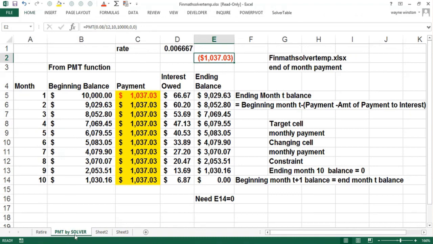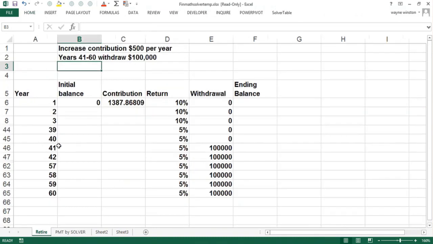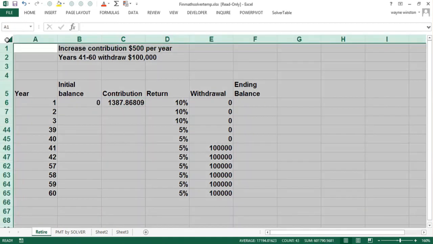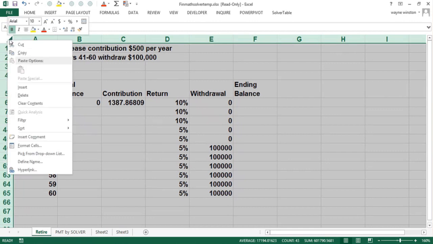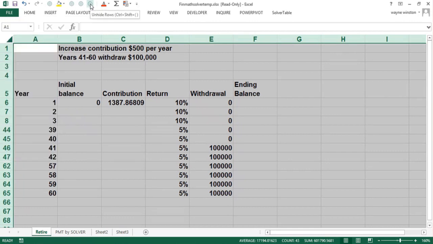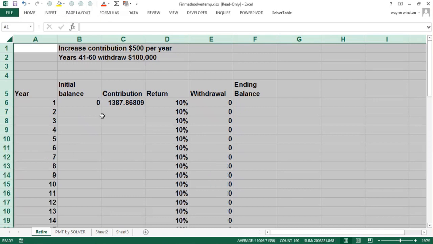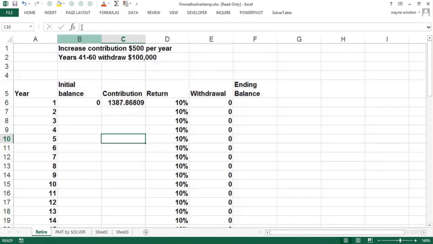Okay, now let's go to a retirement planning problem. Let's suppose you're going to start saving for retirement in year 1, and then every year through year 40. Let's unhide some of these rows here. I selected the whole worksheet, and then I put on the quick access toolbar unhide rows.